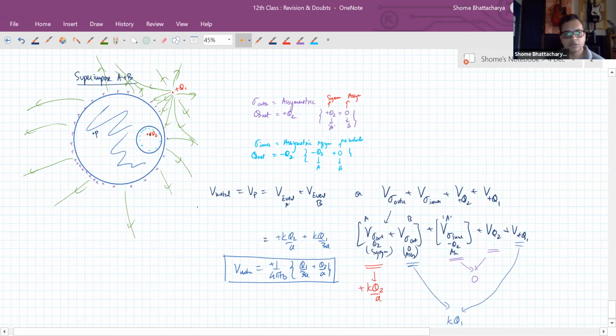And of course, inside also there will be those kind of electric field lines.